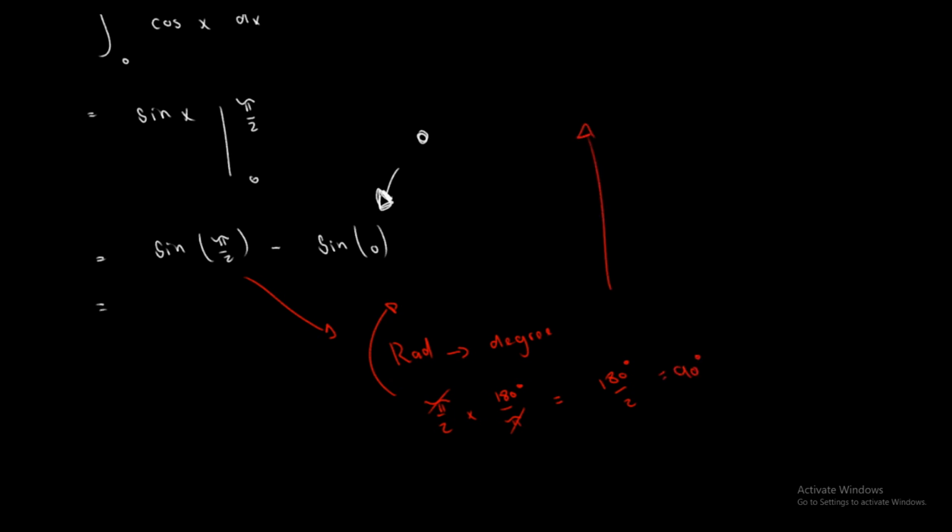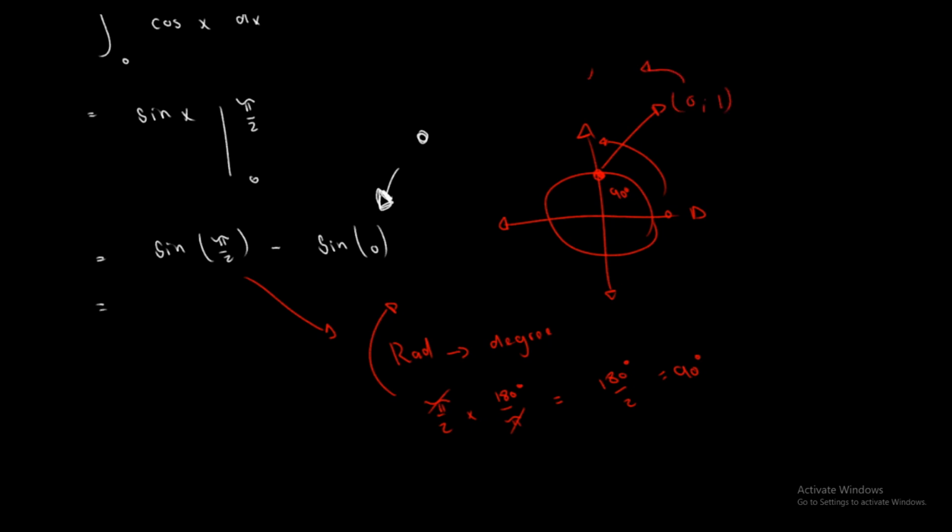And if we go back to our unit circle, we can see that at this point is my 90 degrees. Since this is 0, and we're moving, this would be 90. So this coordinate on my unit circle is 0, 1.